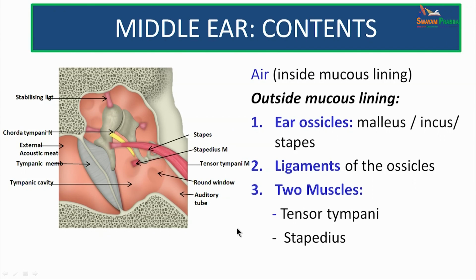Coming to talk of the contents of the middle ear, the apt content is the air, and the structures are covered with mucous lining. Outside the mucous lining, we have the ear ossicles, the malleus, incus and the stapes, then the various ligaments of the ossicles which take part in the joints of these ossicles, and two muscles, tensor tympani and the stapedius.